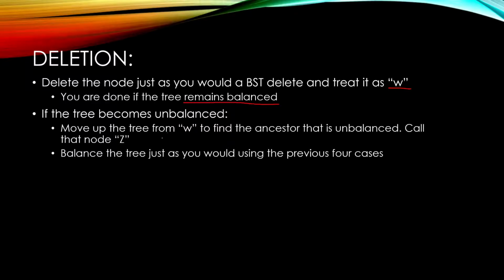However, if the tree becomes unbalanced, you start again at W, which is where the node was deleted but is no longer there, and then go up, find the node that is unbalanced, and consider that node Z, and just do what you did for the previous 4 cases, and you will be able to balance the tree again. This will be better explained in the next few examples.